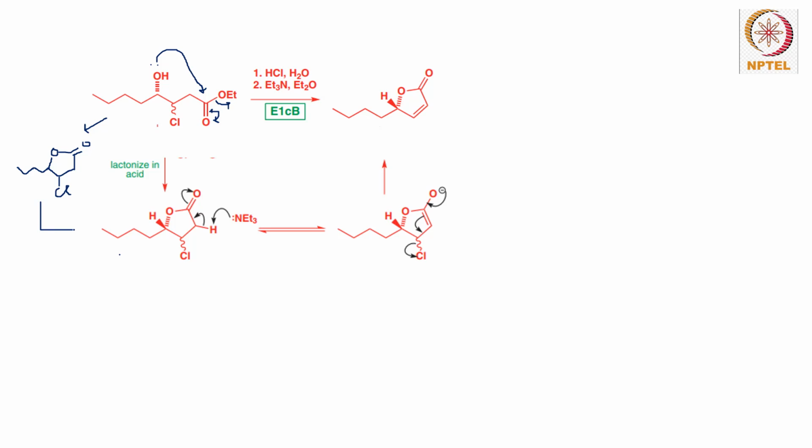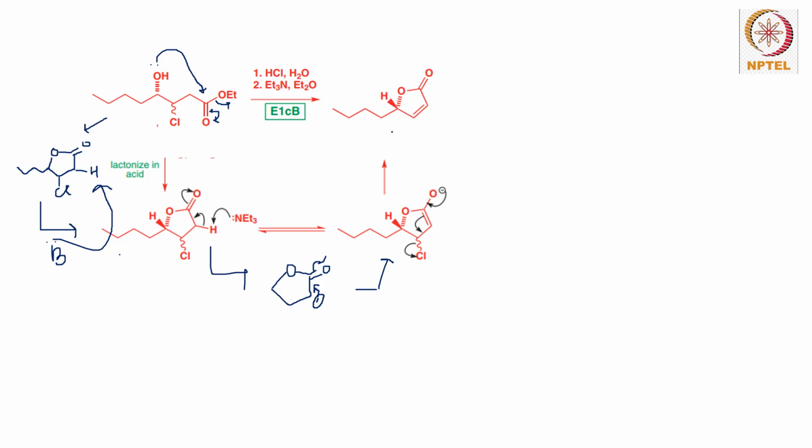Now, in the presence of base, this base will take a proton from this position like this and we will get a carbanion. It undergoes this type of keto-enol tautomerism and gives this type of stabilized intermediate, and that will again come here and remove our leaving group from the system, and this will be our desired product.